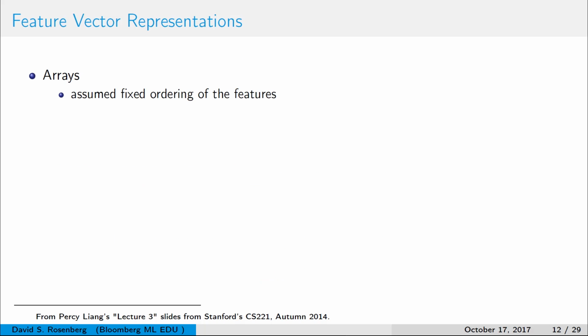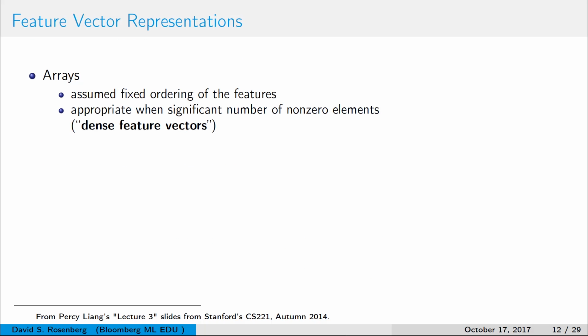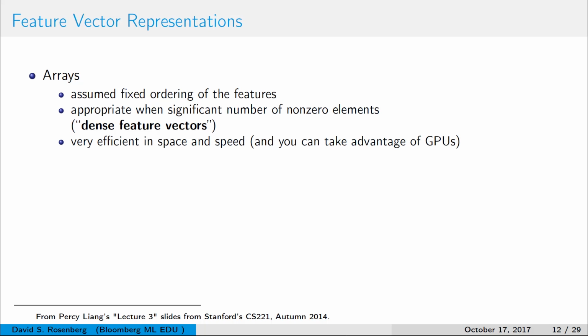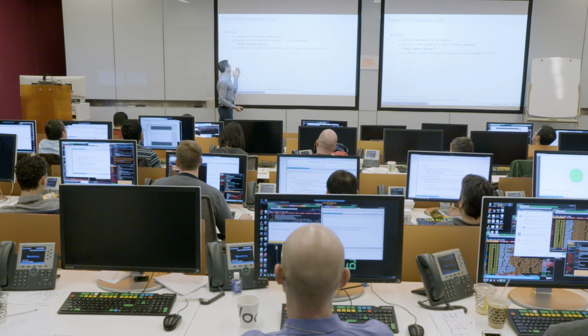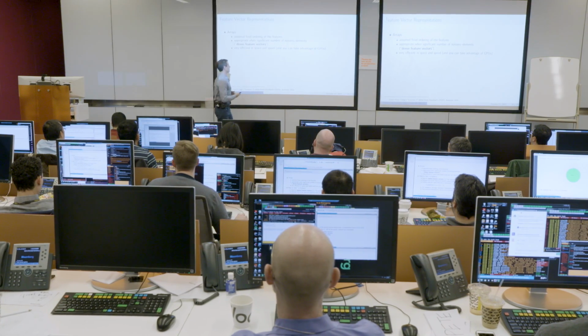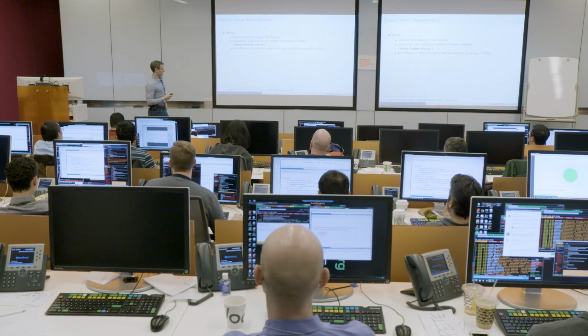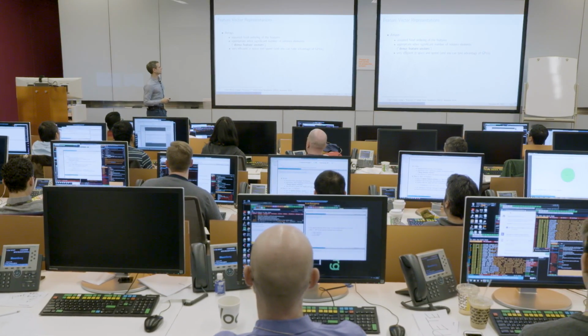All right. So arrays are nice because they allow fast implementation. If your arrays are dense and you have most of the entries filled anyway, then there's not much faster you can do on a computer than work with arrays. You could also plug them into GPUs, which are the cutting edge hardware for machine learning these days.